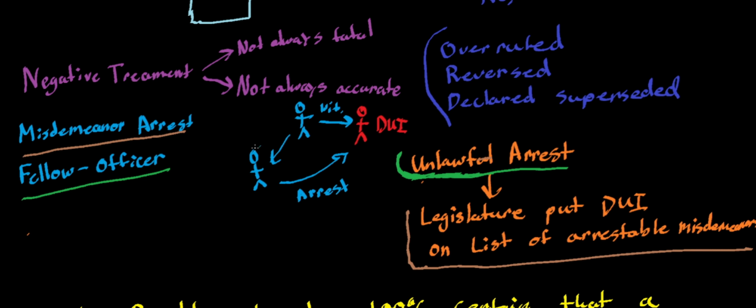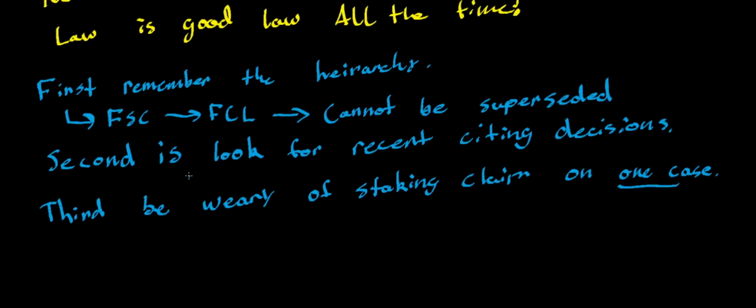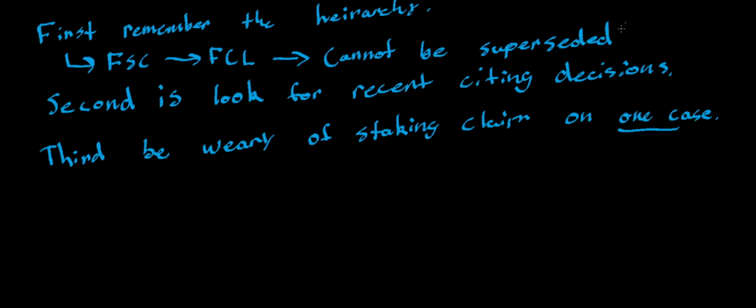The claim was basically entirely dependent on this one case, and if you're dealing with something that is entirely dependent on the one case, that's where you've got to be really careful, because if that one case turns out to be bad law, then there goes your whole argument.